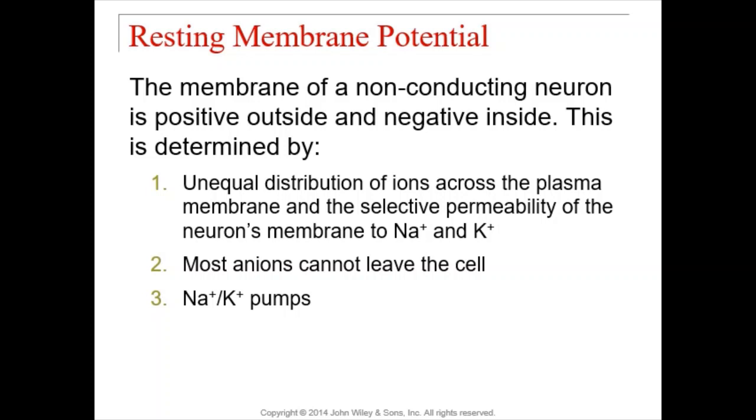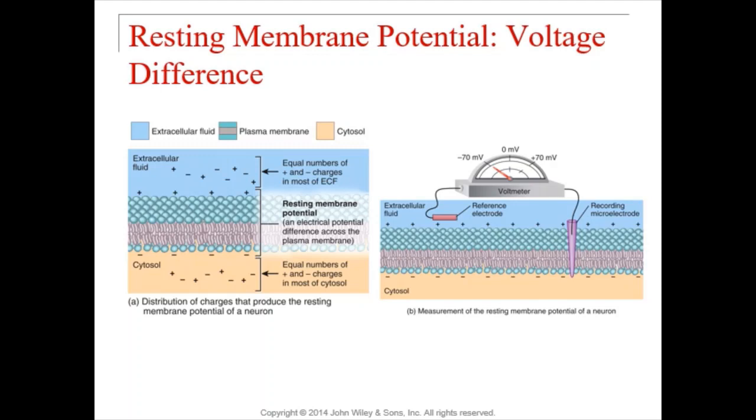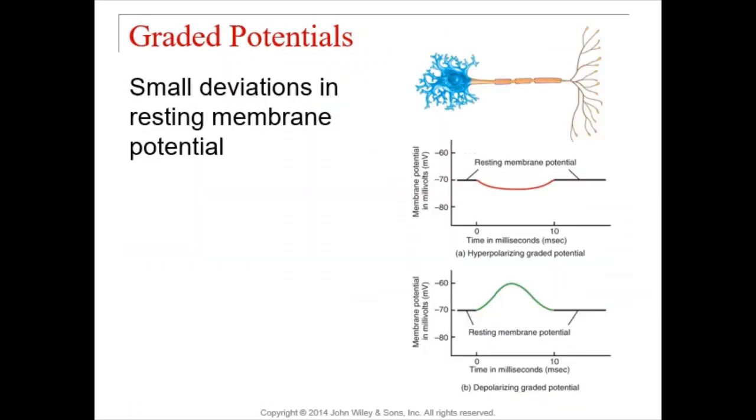And they're moving charged particles, positively charged sodium and positively charged potassium. When these ions move, they create this difference in charge across the membrane, where you're more negative on the inside and more positive on the outside, which is what you can see on the image here.